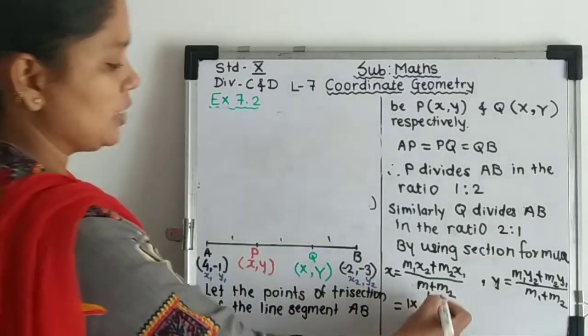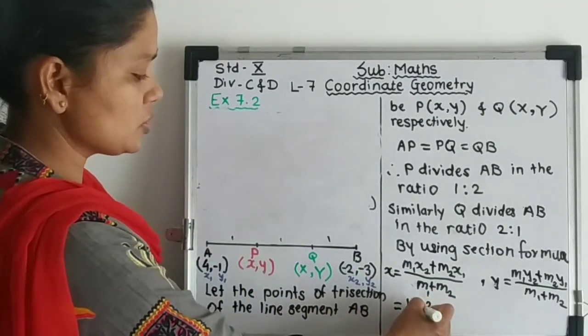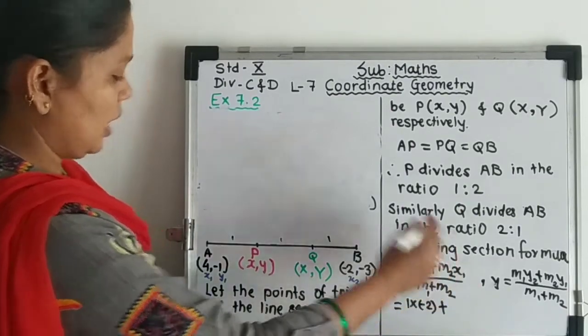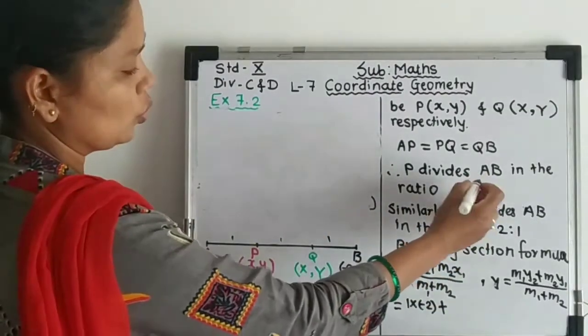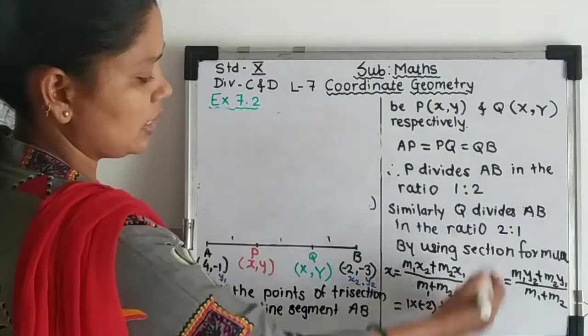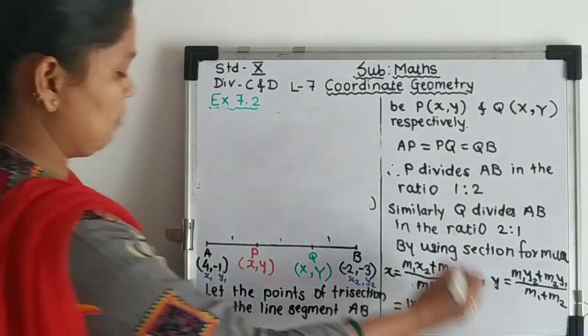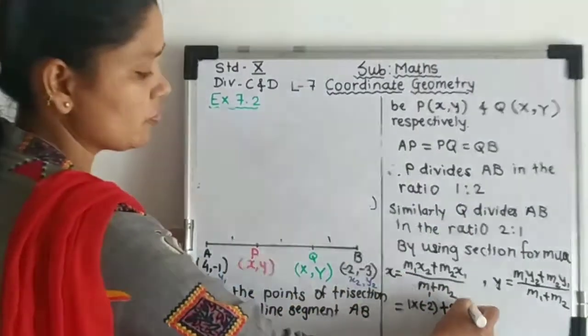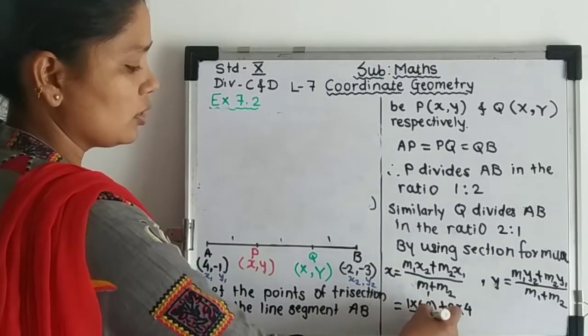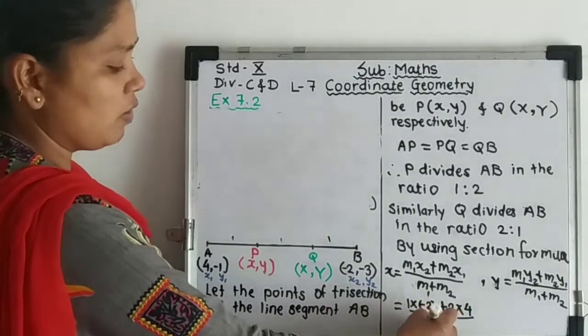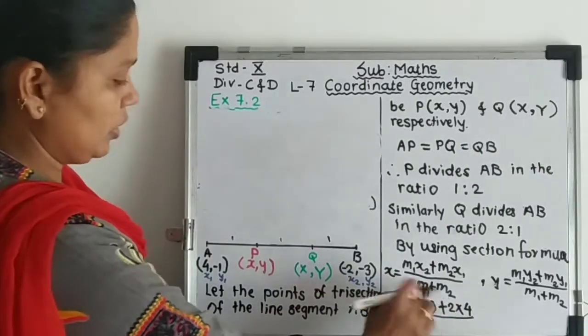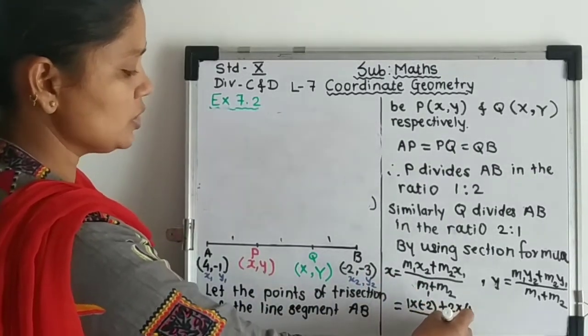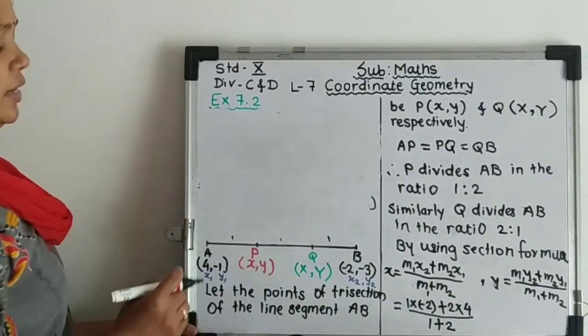The x2 point is -2. We will write -2 plus m2 is our 2. This is our m1 and this is our m2. So 2 is multiplied with the x1. x1 is 4. Right? Then 1, m1 is 1 and m2 is 2. Right? So we will do addition.